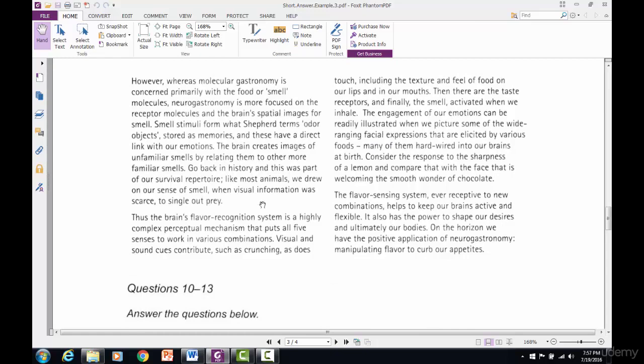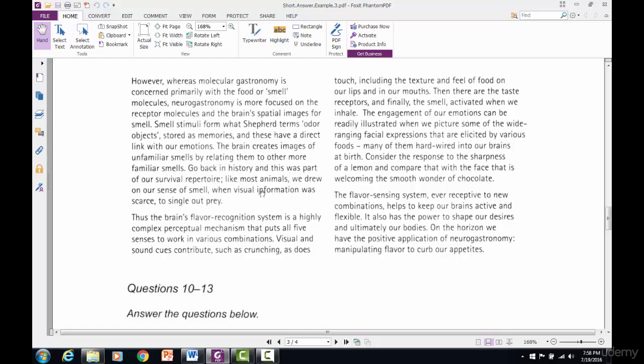Here we go. Visual. That's the same as seeing. And scarce. That's the same as difficult. That's our sentence. Like most animals, we drew on our sense of smell when visual information was scarce to single out prey.